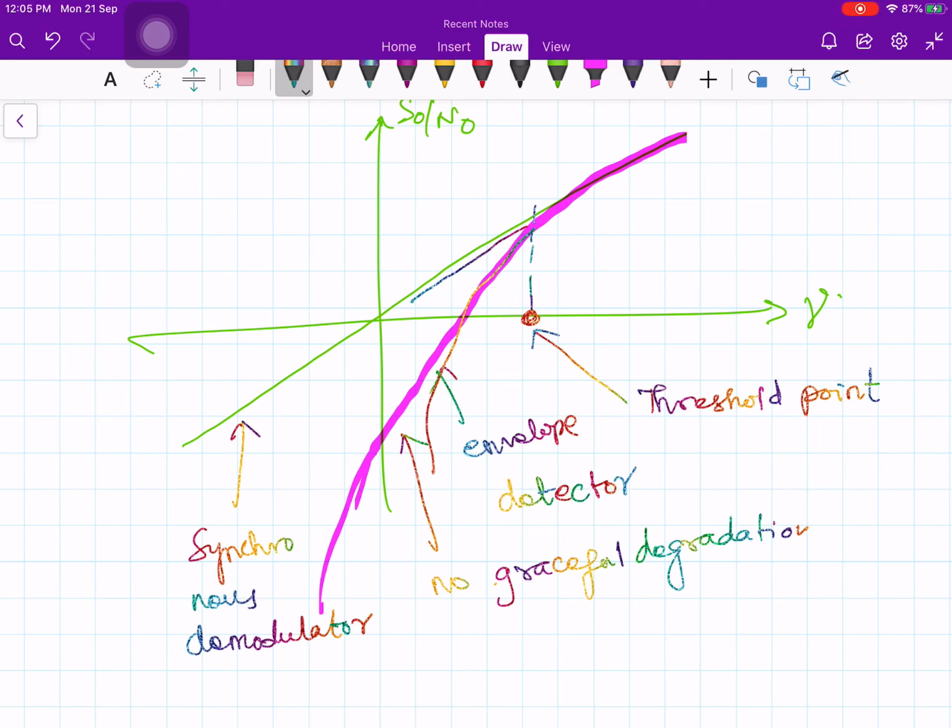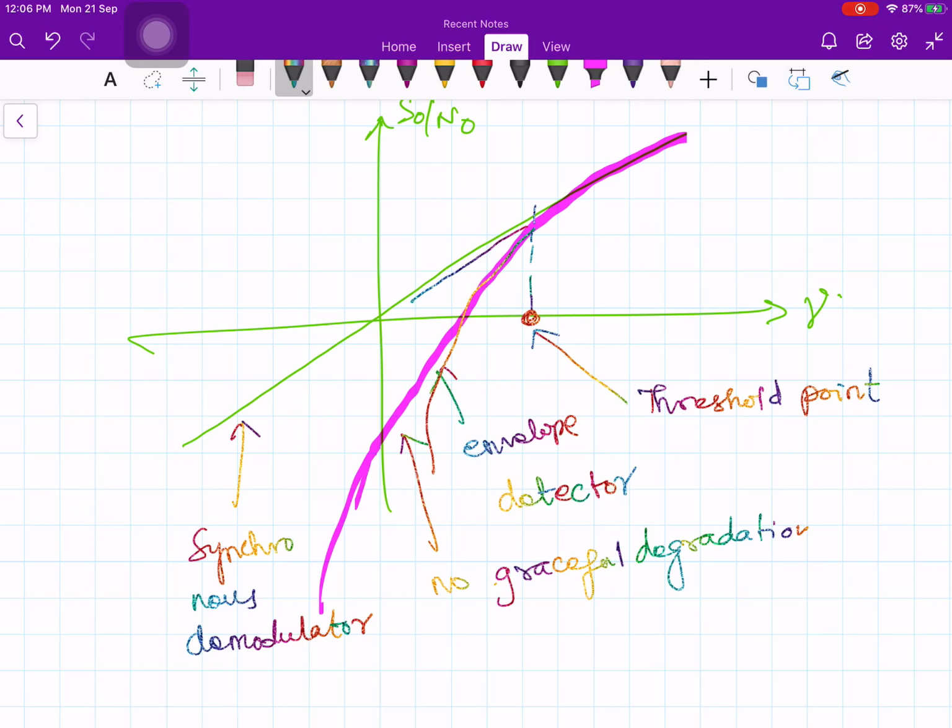If the input SNR degrades by some amount and the output SNR also degraded by the same amount, it would have been a straight line, but the output SNR degrades much more, and therefore there is a concept called the threshold value of the input SNR.